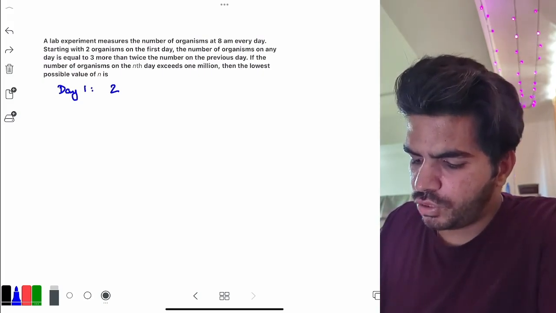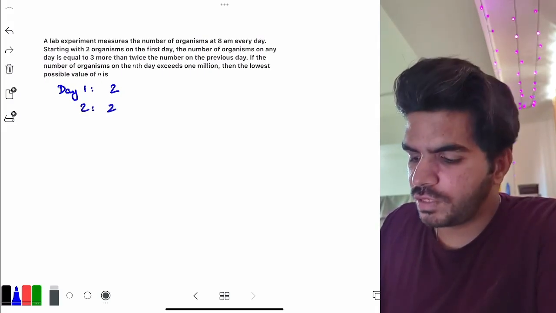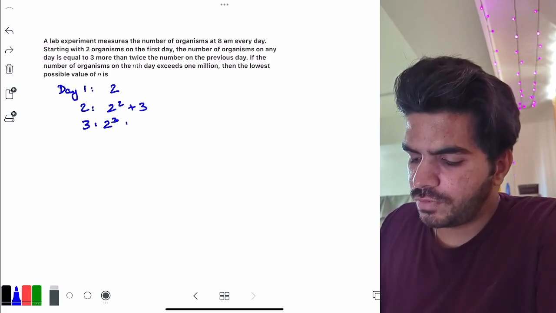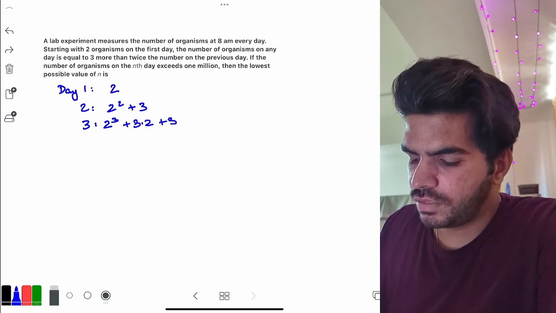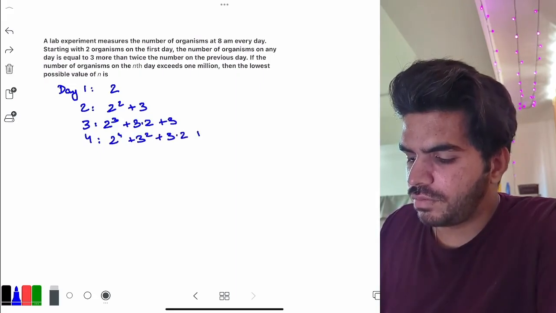So day 2 will have 2 into 2 plus 3, which is 2 square plus 3. Day 3 will have 2 cube plus 3 into 2 plus 3. Similarly, day 4 will have 2 to the power 4 plus 3 into 2 square plus 3 into 2 plus 3.